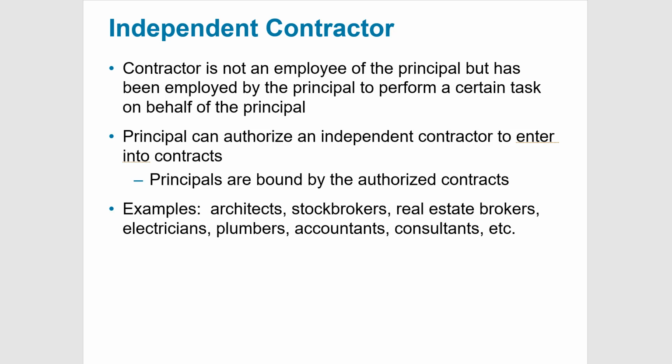But the contractor is not an employee. This differentiation between employee and independent contractor, again, is extremely important in the business world. You'll learn more about that when you take employment law, and then we'll discuss some of it in this class as well.